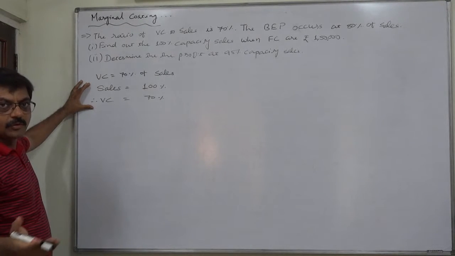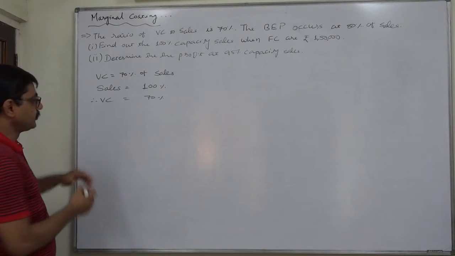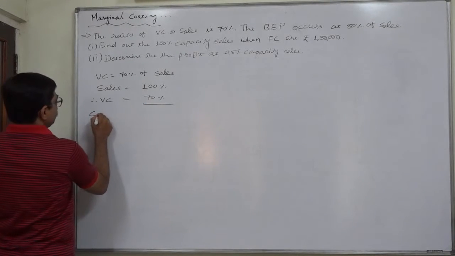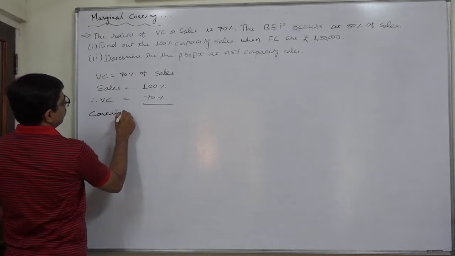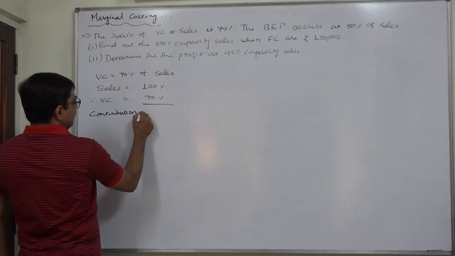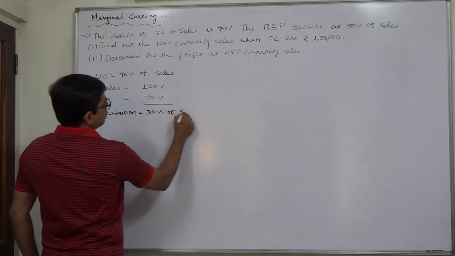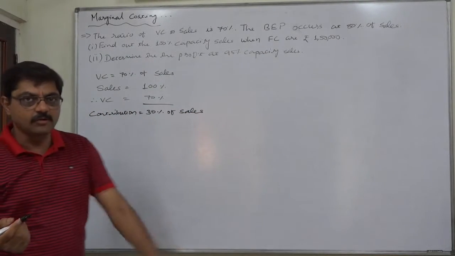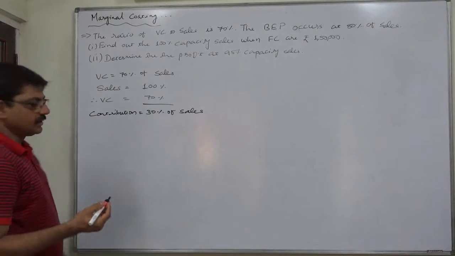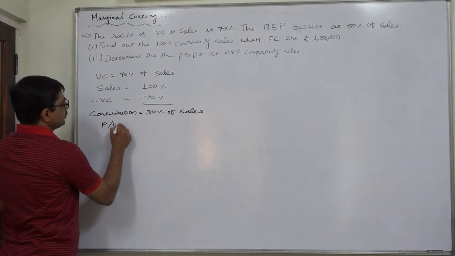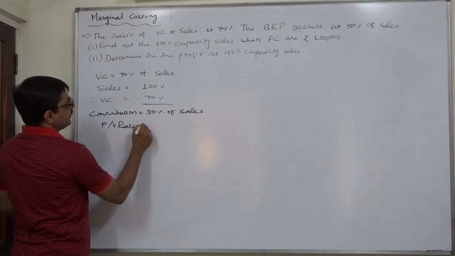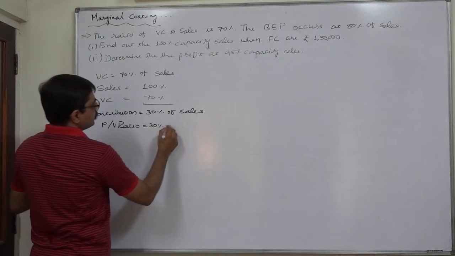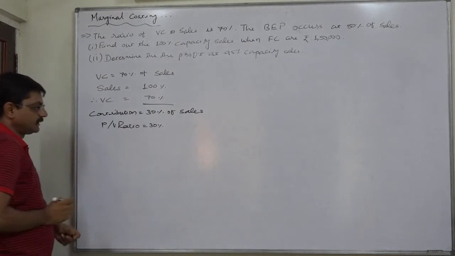Excess of sales revenue over variable cost, and that is contribution. So we can say that contribution is 30% of sales. And whenever we express the contribution as a percentage of sales, it is known as PV ratio. So indirectly, the PV ratio is 30%.